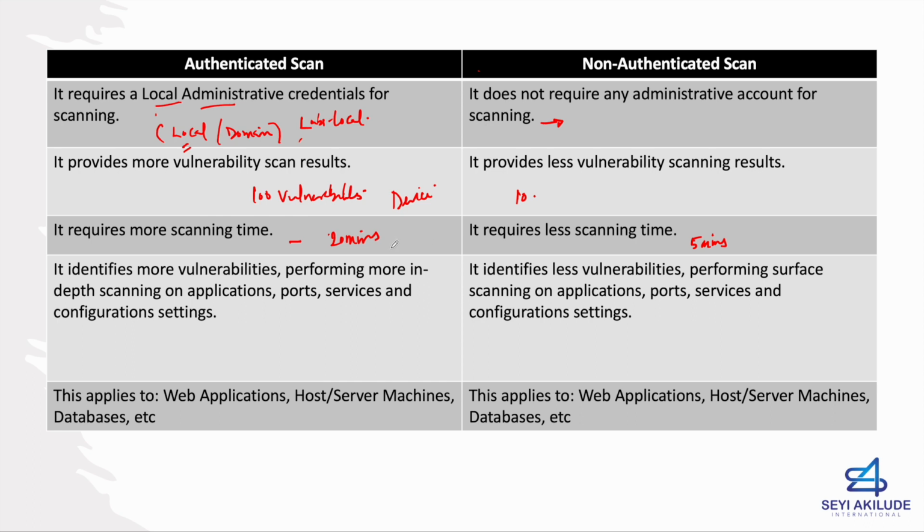So that in-depth scanning itself is going to take a little bit of time as compared to non-authenticated scans. And like I've mentioned over and over, it identifies more vulnerabilities because it is doing more in-depth scanning. I kind of overemphasize the in-depth scanning, because that's what provides you with more critical vulnerabilities and all of that.